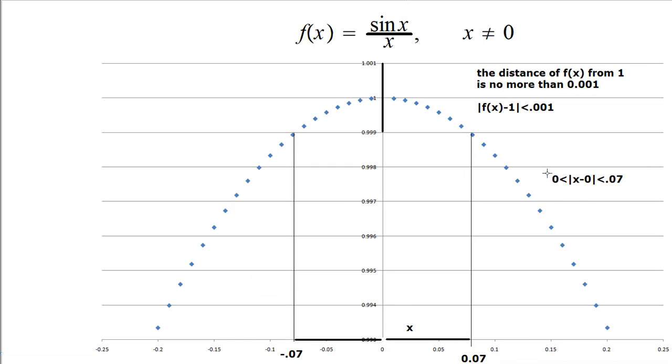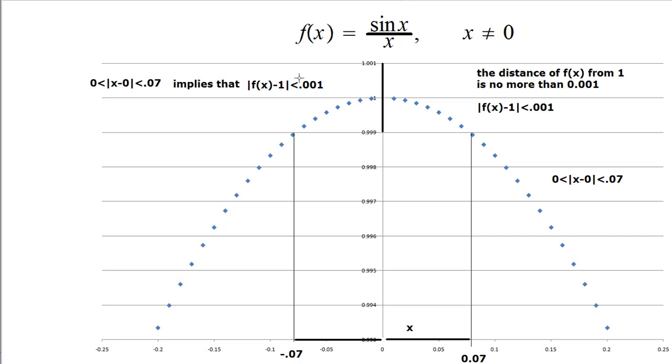So what did we accomplish here? If we have this x value according to this statement, then this implies that the f(x) values, or the function values, are going to be within this range.